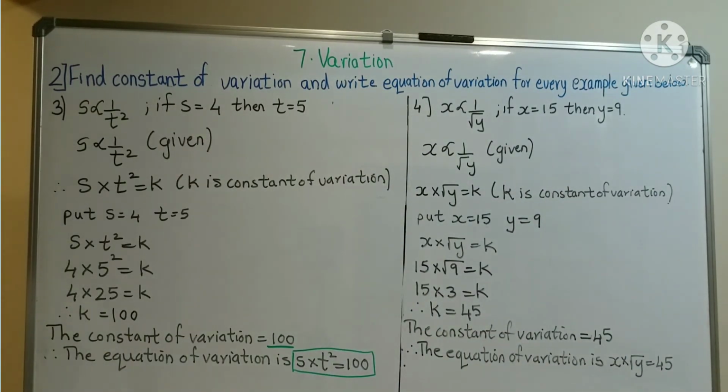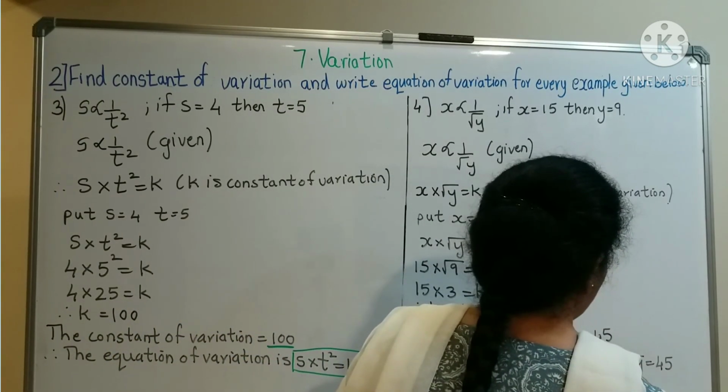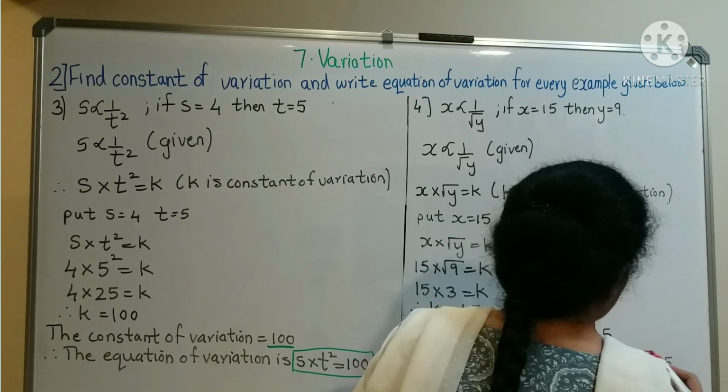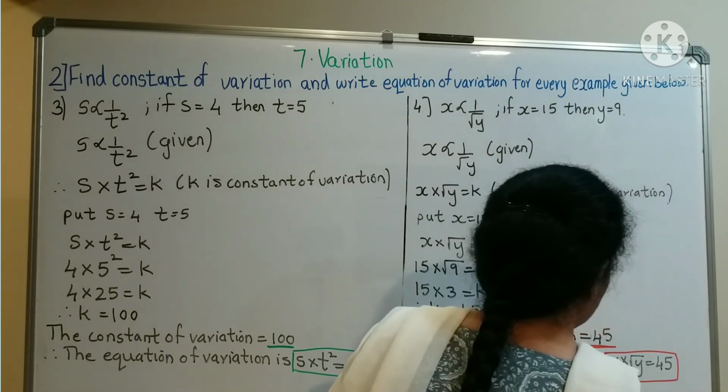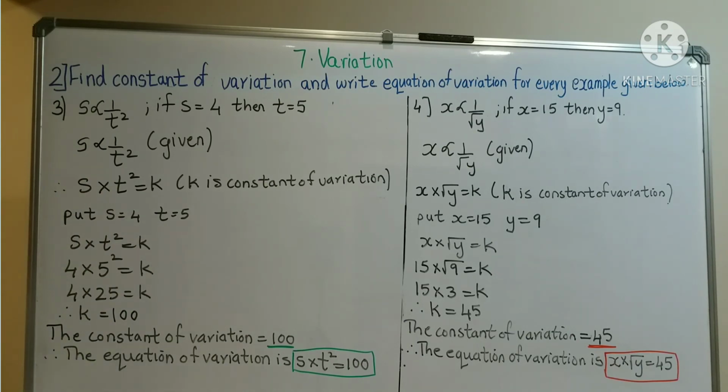So over here we have got the constant as 45 and the equation of variation is x into square root of y is equal to 45.